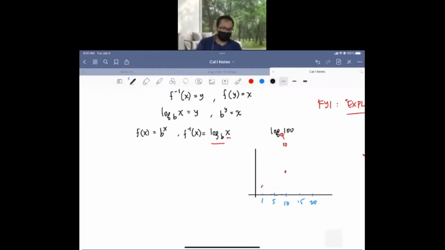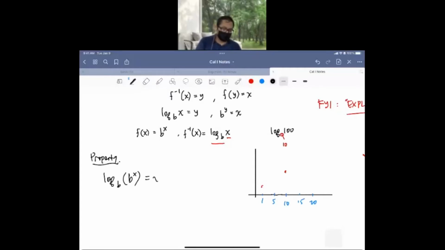Anyway, some properties within this log. You have log base b of b to the power of x.